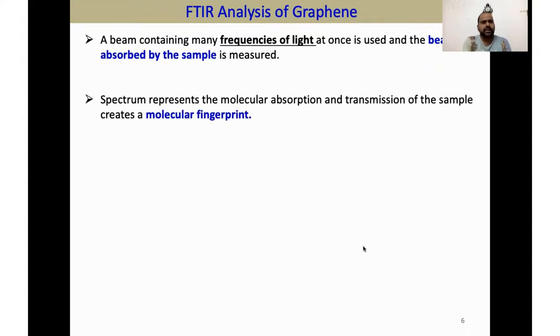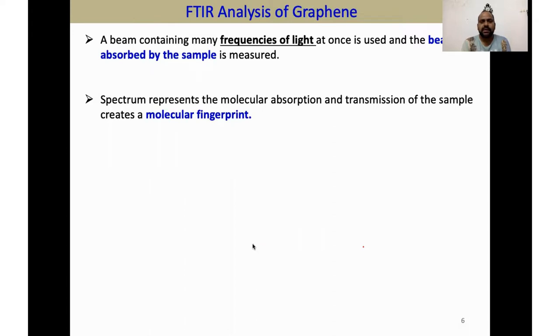The spectrum represents the molecular absorption and transmission of the sample, creating a molecular fingerprint. Similar to Raman, here also it is a very good idea. Now the question is, as we were able to get a very clear-cut idea about the molecular structure in Raman, can we get similar structure in FTIR?